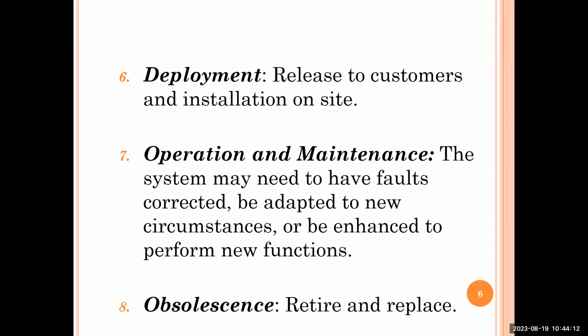Therefore, when you are asked to write the phases or stages of the software development life cycle, you may write all these 8 stages or at least up to 7, even if you ignore the last one.